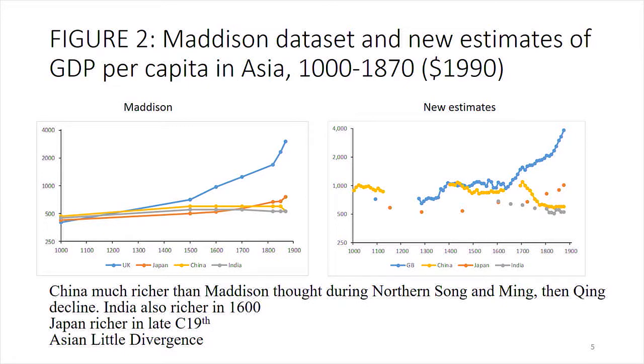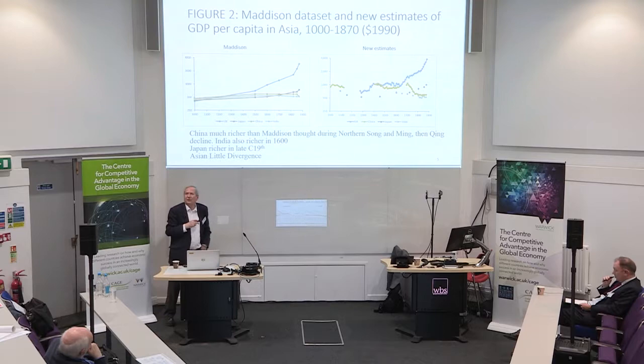I've included the blue line, which is again Great Britain, to show you how you get this great divergence between Europe and Asia. Over on the right-hand side, we see the revised picture arising from the historical national accounting data. The first big change is look at China.